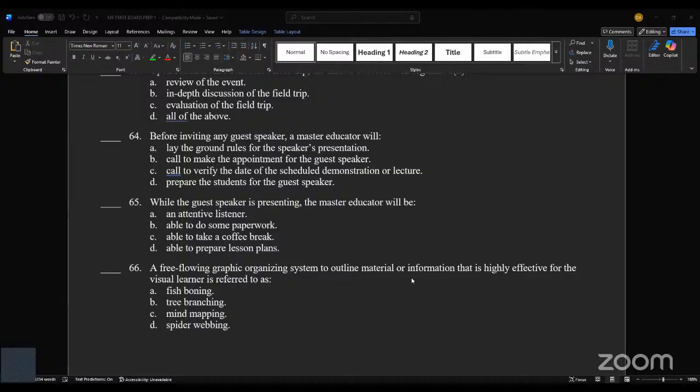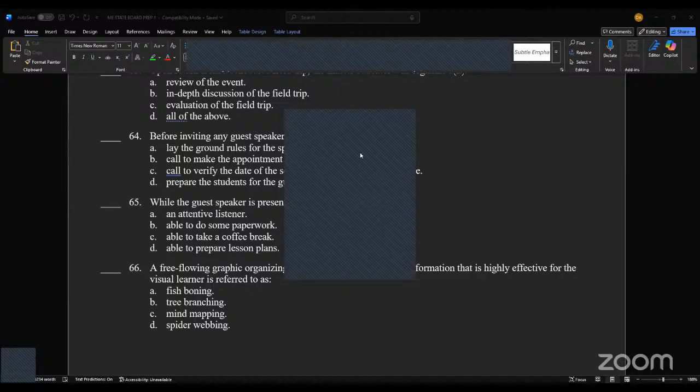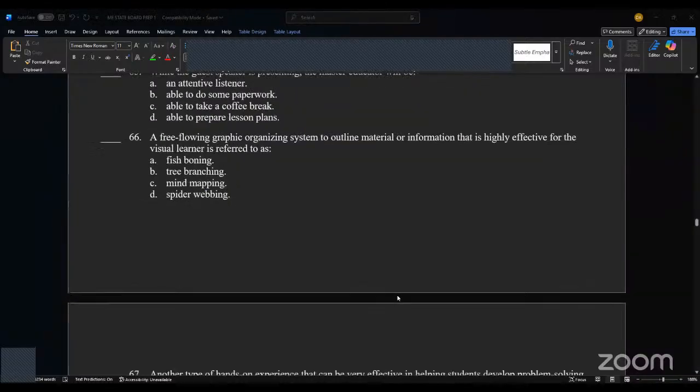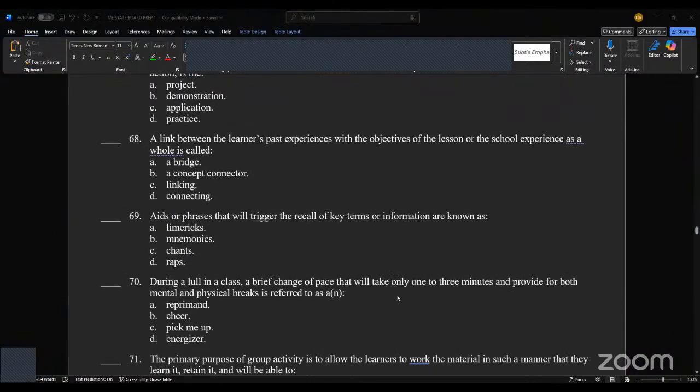It's very effective, important information. It is going to be 66, mind mapping. Okay. Mind mapping. 66, mind mapping. Let's go over to 67.